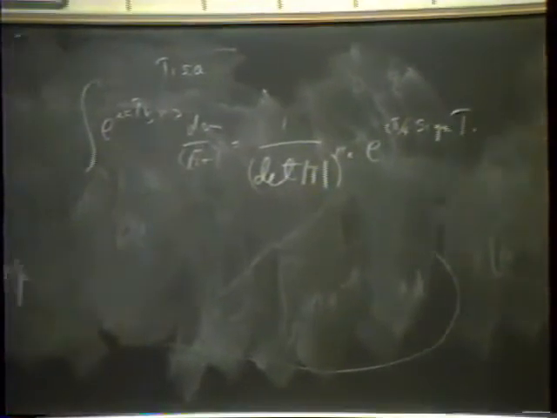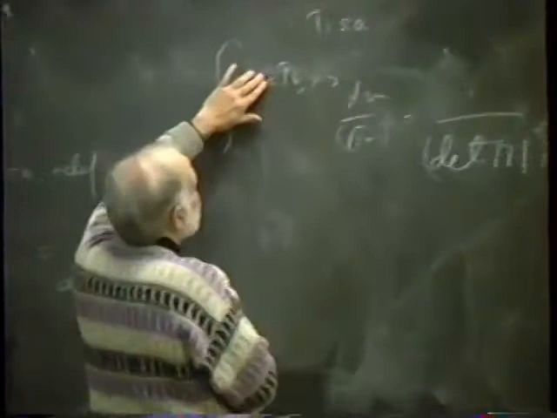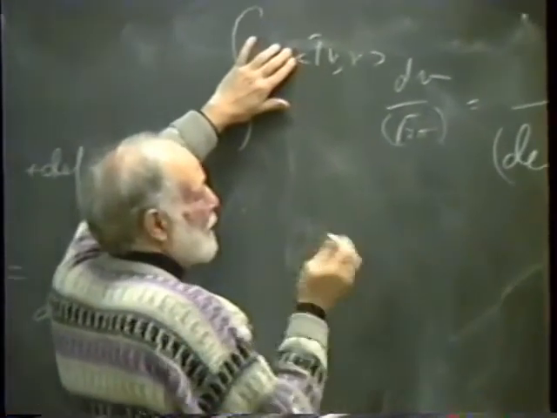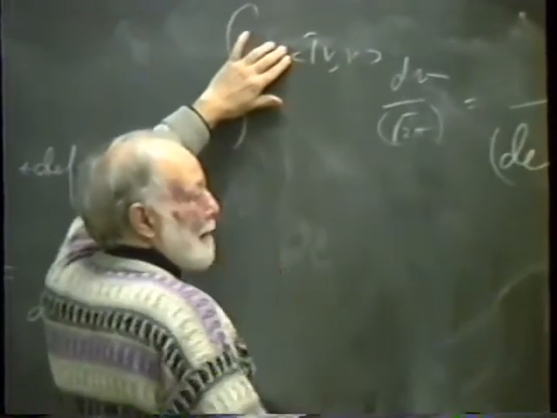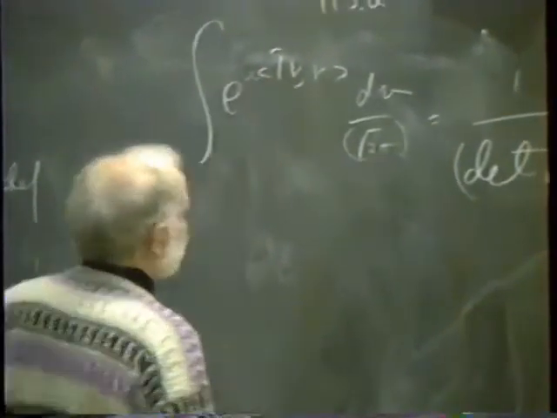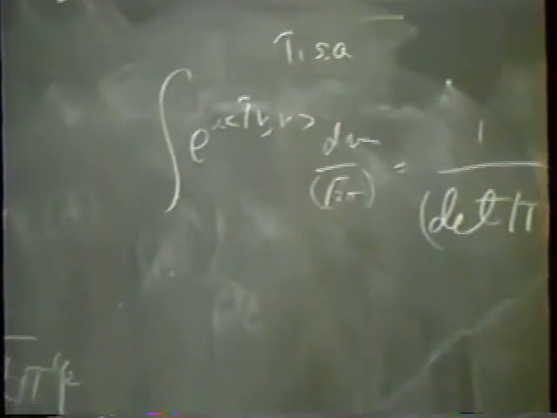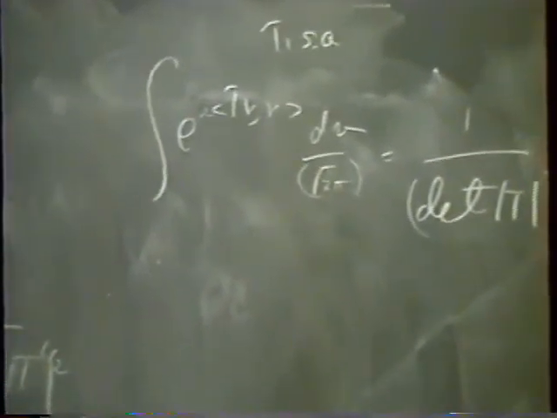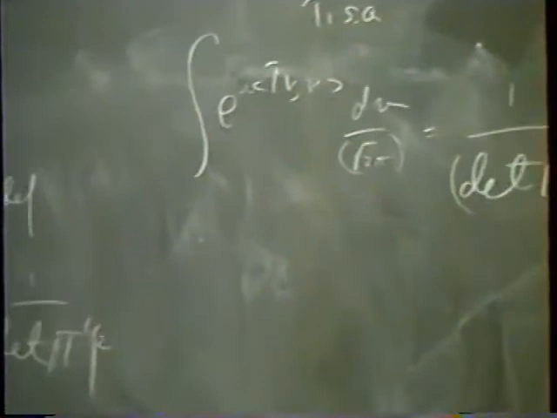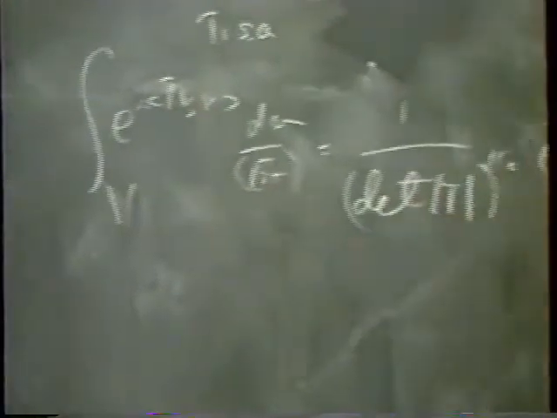If you left the I out, then you'll end up with the signature minus the dimensions, if I recall. What are the limits of integration now? Over the entire space. This is over R, this is over V, this finite dimensional vector space. This is over the entire vector space.